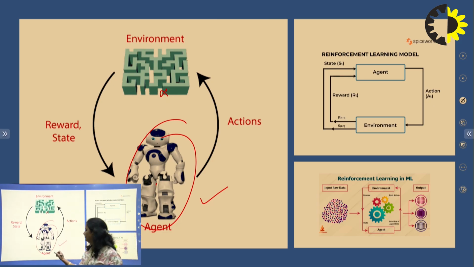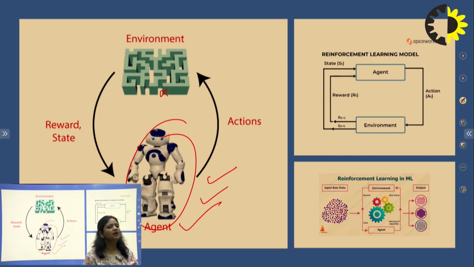Same as in reinforcement learning, an agent, which can be any robot, works in an environment by performing some action that changes its state from one state to another, takes a reward that can be positive, negative, or a penalty, and learns on a hit and trial basis. So this is the basic concept of reinforcement learning.